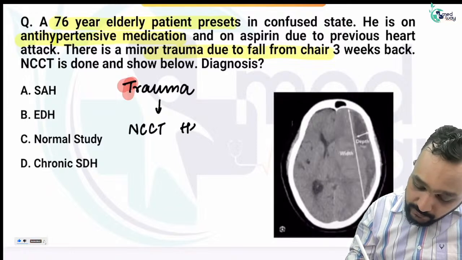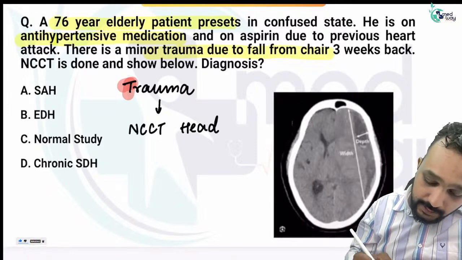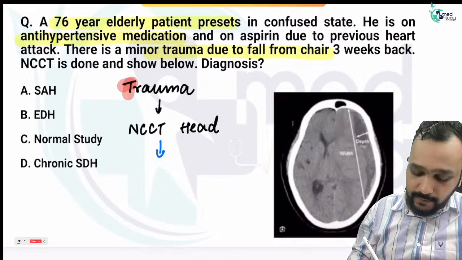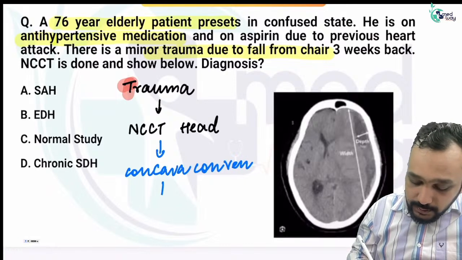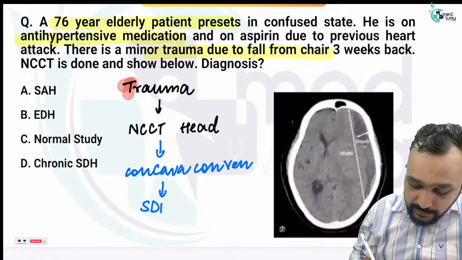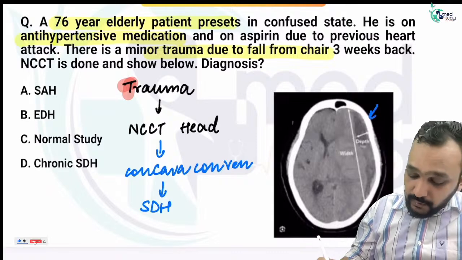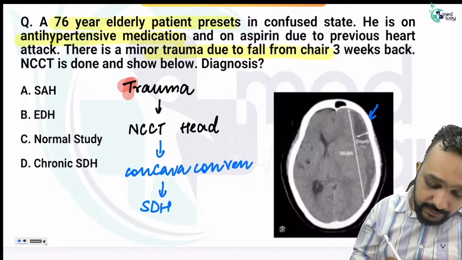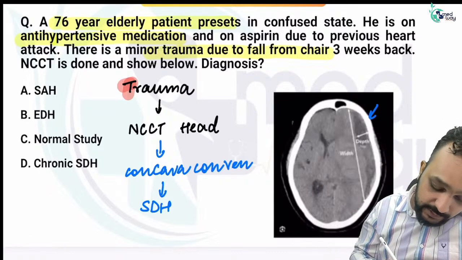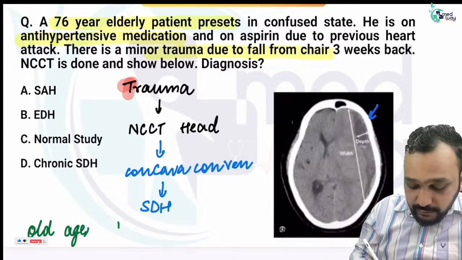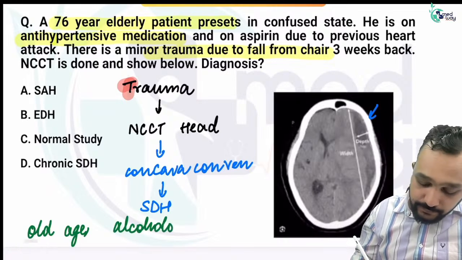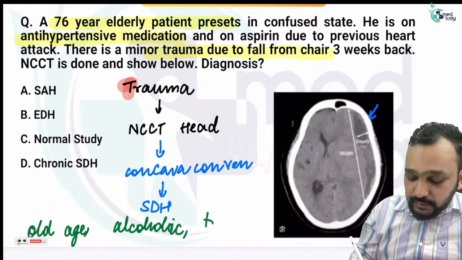So if you find a concavo-convex shaped collection, what are you going to think of? You are going to think of subdural hemorrhage, right? This subdural hemorrhage is mostly seen in patients with old age, in patients who are alcoholic, and the injury is usually trivial.